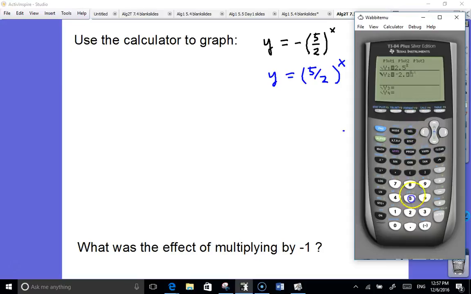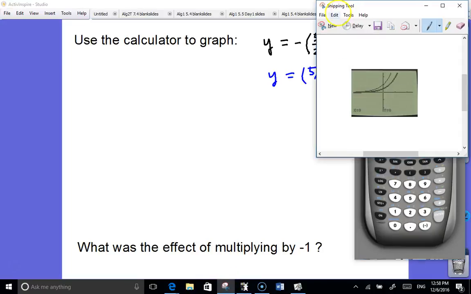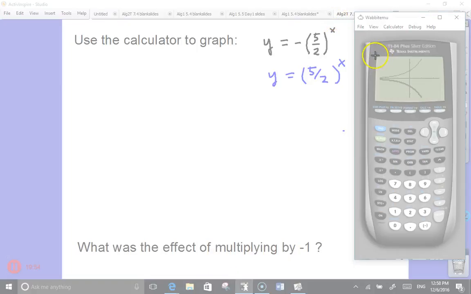Oh, should have had the 5 in there. 2.5 raised to the x. Now I graph. I think I'm still zoomed in. So there's the first one, and there's the second one. Exactly as you would have expected, it flips the graph. All right, so let me snippet that one. So it's in our slides.